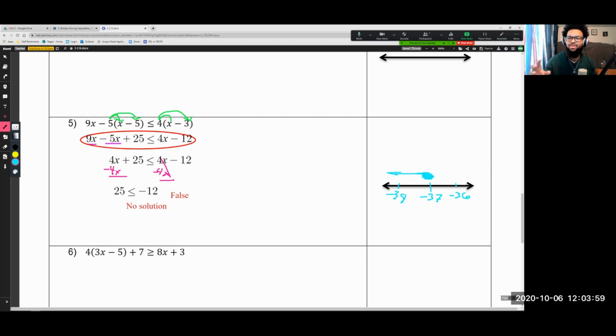Anytime we had a mathematical statement that was not true, we got no solution. Anytime we get a mathematical statement here that is not true, we get a no solution. So there's going to be no graph for this or anything. This is no solution.